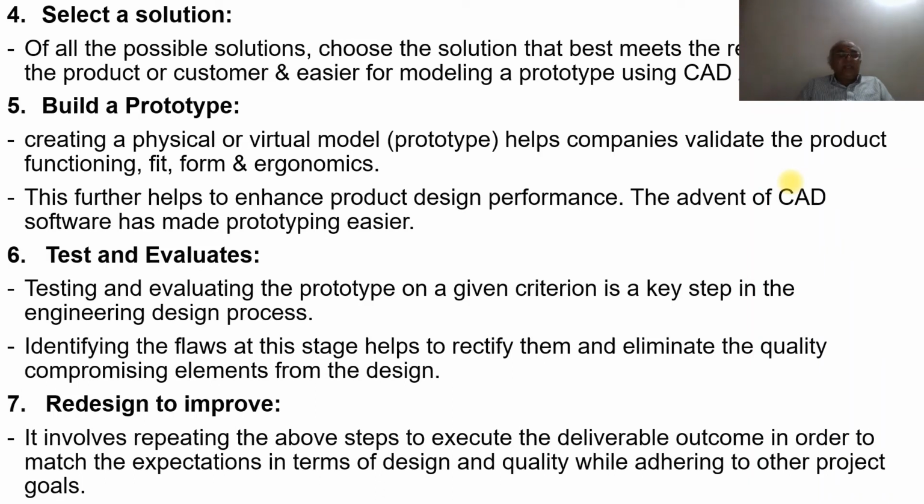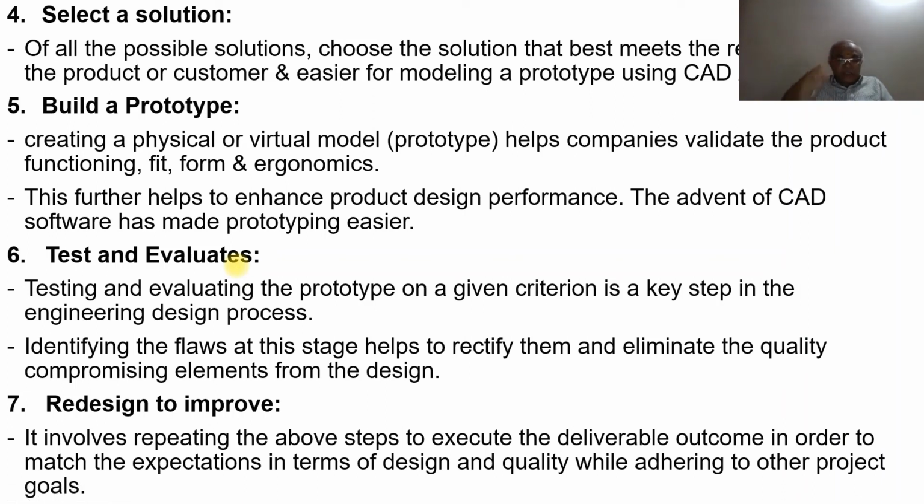There should be a redesign to improve. It involves repeating the above steps to execute the deliverable outcome in order to match the expectations in terms of design and quality while adhering to other project goals. That means, if there are any flaws when you make the test and evaluation, they should go back, build a prototype, and evaluate again.